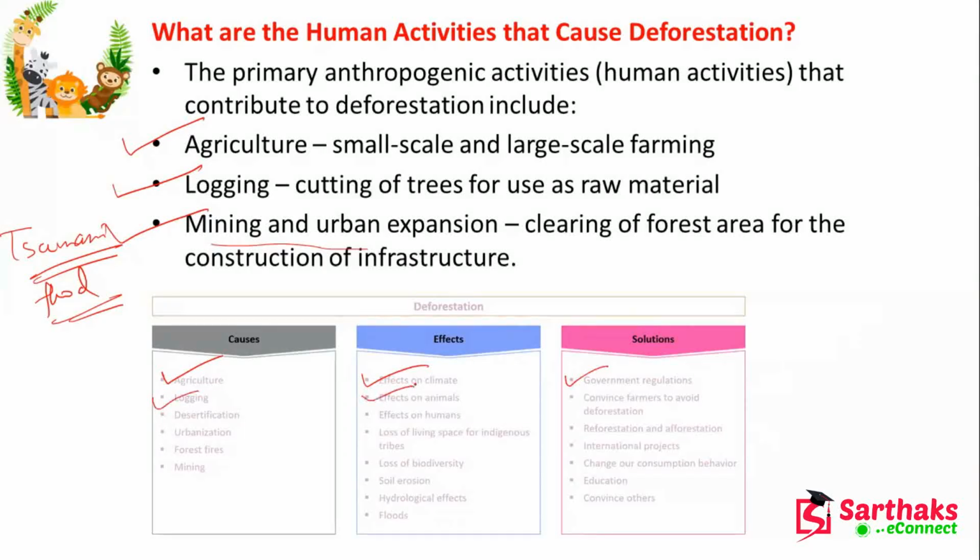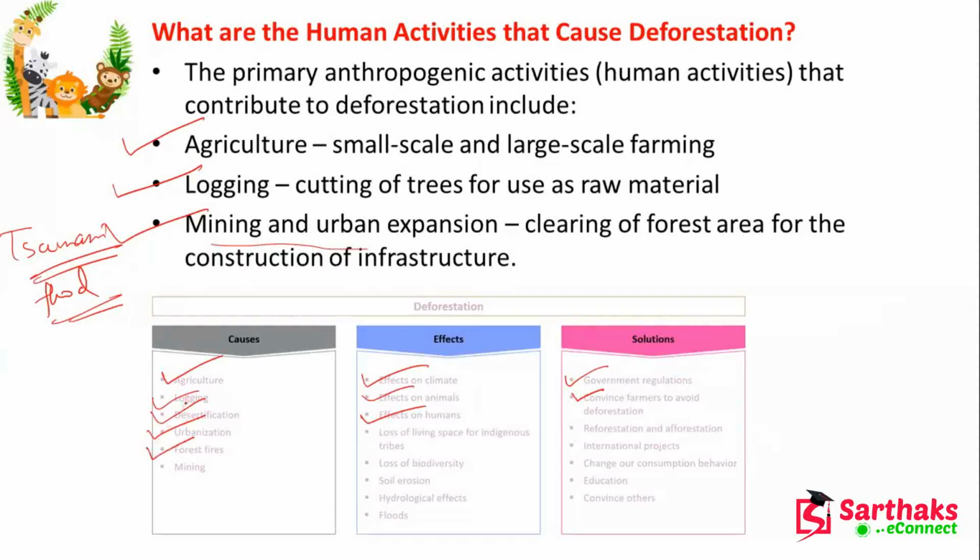Logging affects animals, because when you cut down the trees, you are making the animals homeless, and we have to convince farmers to avoid deforestation. Desertification is a cause, and it affects humans. Urbanization means loss of living space, that's why we go for urbanization, but deforestation and afforestation are both required.